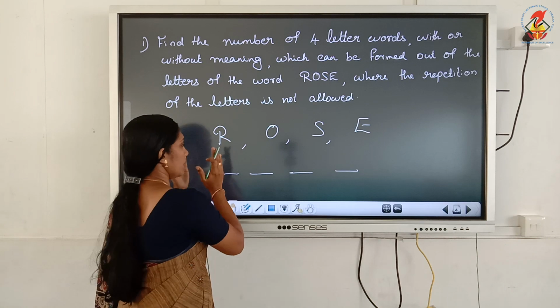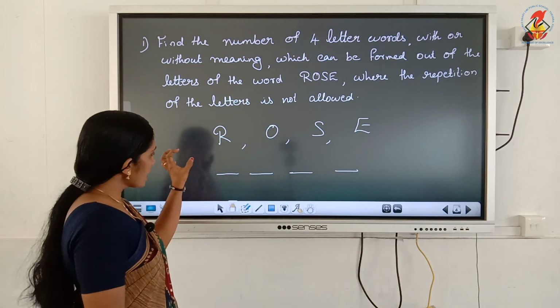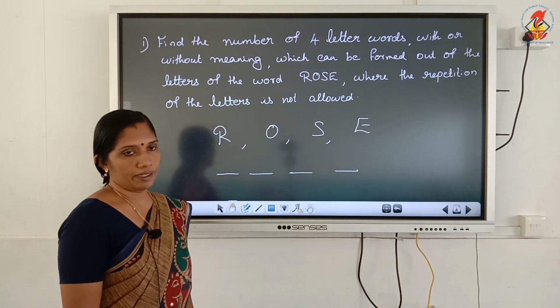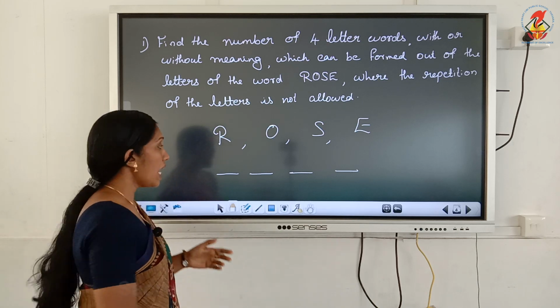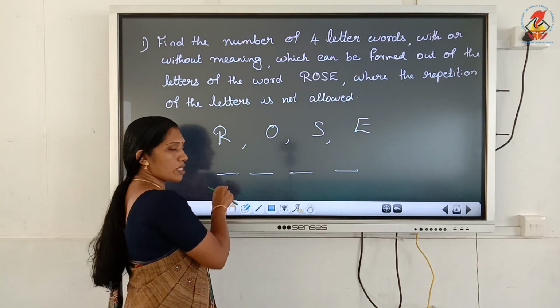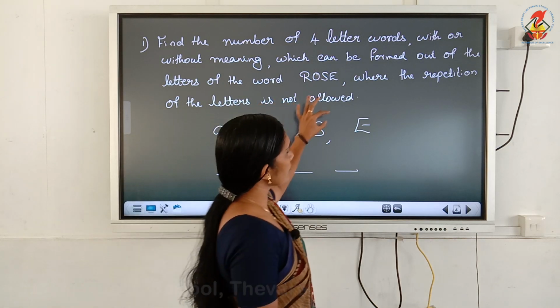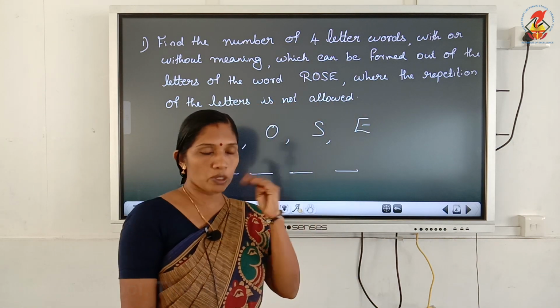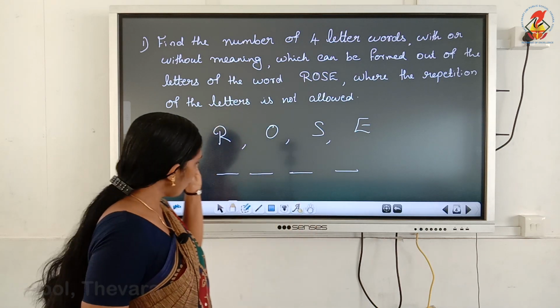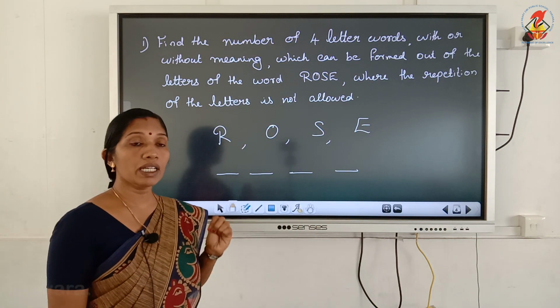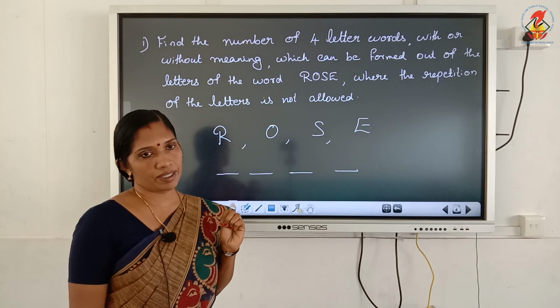So first look at the first place. This first place can be filled in how many different ways? In the first place I can write either R or O or S or E. There are 4 possibilities.